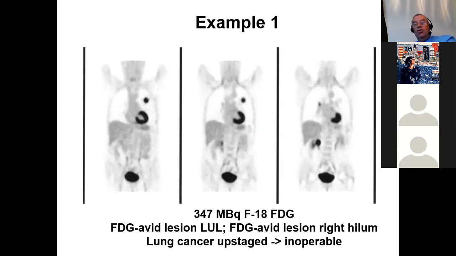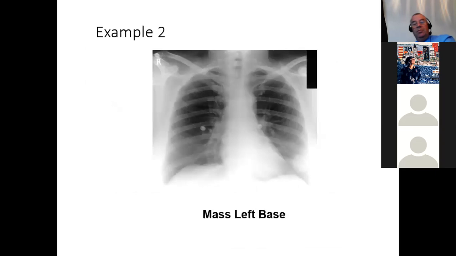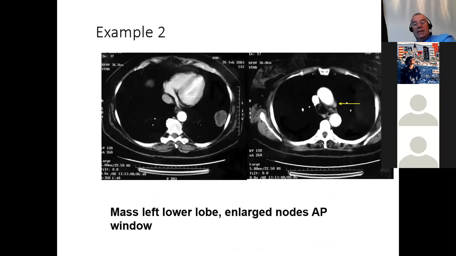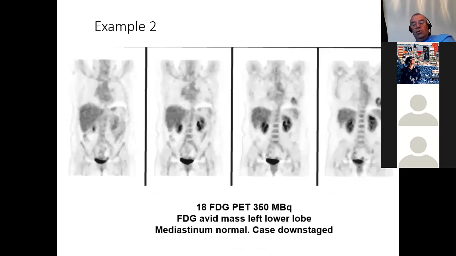If the patient had been staged by CT alone, it would have been operable, but it's now inoperable. This is another one with a mass down in the left base, and CT showed an enlarged node in the AP window, but this was not PET avid, and so it was downstaged.